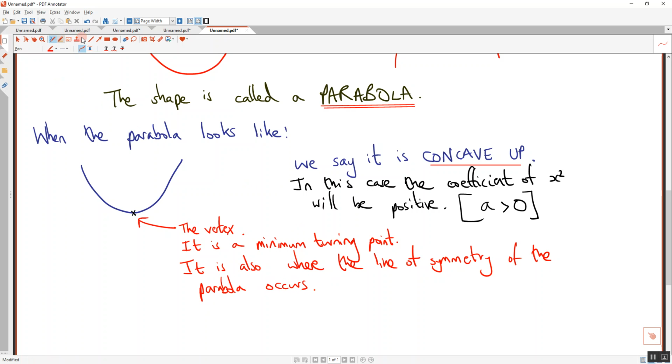Our line of symmetry would run directly through the point, for example. That would be our line of symmetry, okay? Let's move it over a little bit.